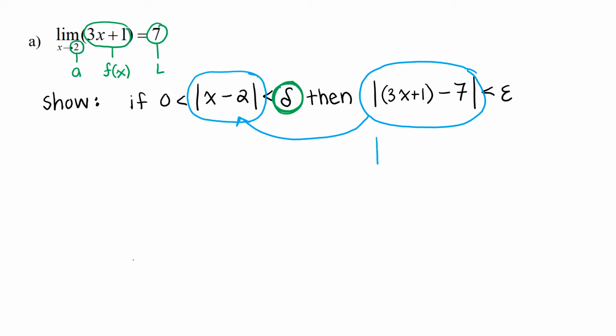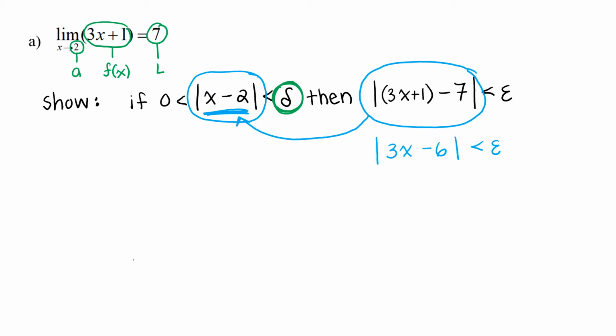First, let's just simplify the inside of this absolute value. So we have 3x plus 1 minus 7, which is 3x minus 6. So we have the absolute value of 3x minus 6 is less than epsilon. And that's looking pretty close to the other absolute value that we're actually interested in. Well, let's see if we can simplify this a bit more. Maybe there's something we can factor.